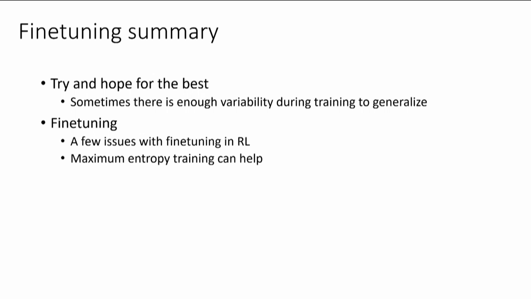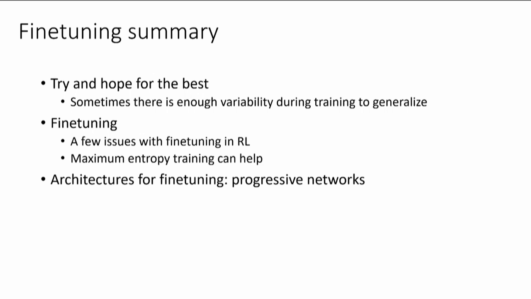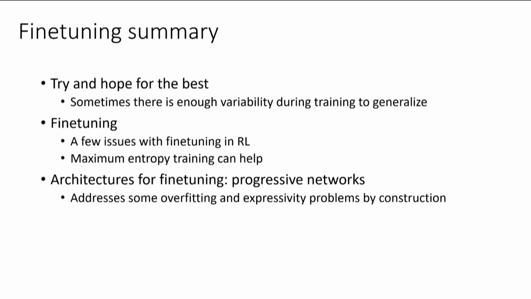The two issues are that the entropy of the policy goes down, so you lose exploration, and the second issue is that you might not have enough diversity in the source domain. And then you can develop specialized architectures that are designed to make fine-tuning work better, which addresses some overfitting and expressivity problems essentially by construction, just because of how the network is set up.